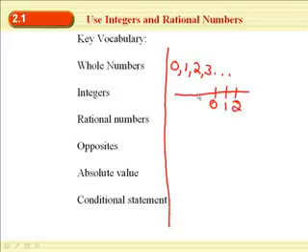And then the negative numbers go to the left, and they are -1, -2, -3, and they keep going that way forever. So the integers are the negatives, the positives, and 0. And the reason I'm saying 0 separately is because 0 is neither negative nor positive. It's right in the middle.